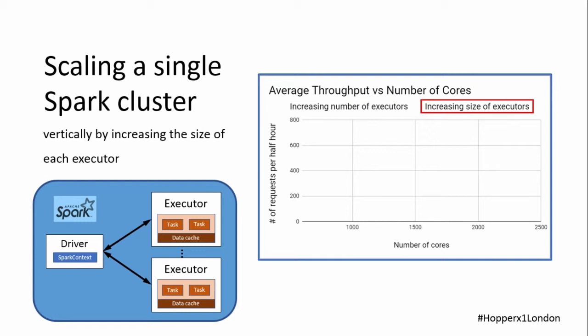What we expected or hoped for was more or less a linear relationship between the amount of compute and our throughput. But what we actually saw was this. The throughput plateaued fairly quickly. With vertical scaling, we were supposed to have more cores and more memory to process more requests in parallel, but each executor was still limited to sharing the same physical resources on the same machine.